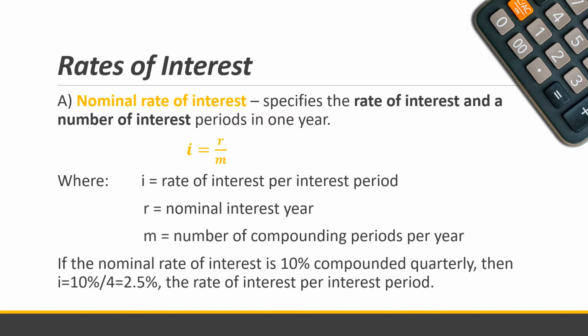Compounding periods in a year can be annual, biannual, quarterly or monthly, and that will be our M. This is for the case when it is compounded not annually, because if annually, I is equal to R. This is usually used when compounded quarterly or semi-annually.